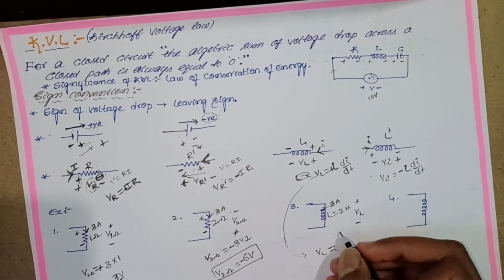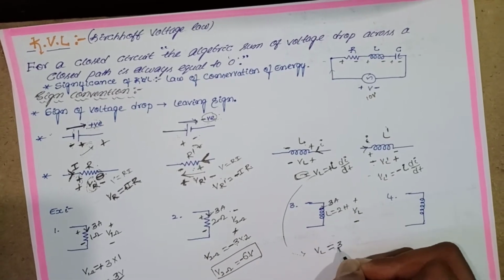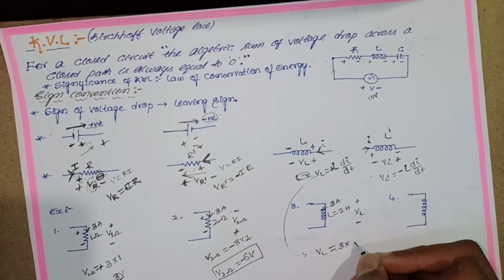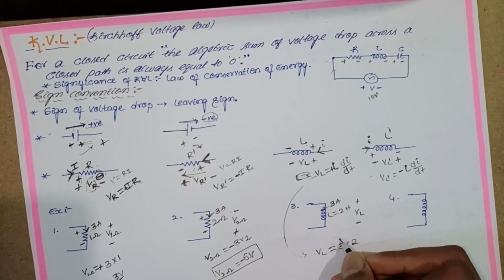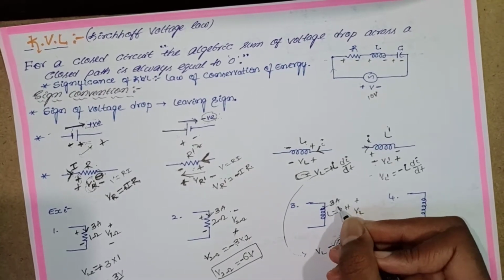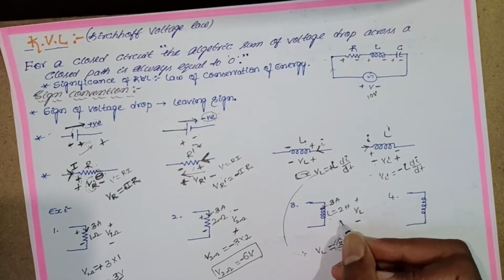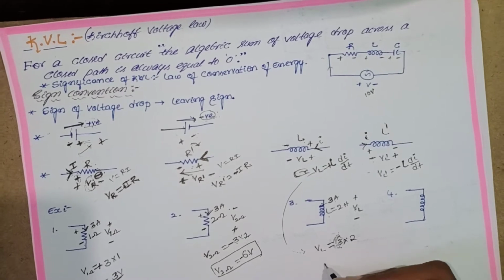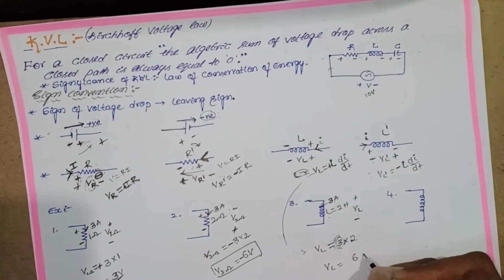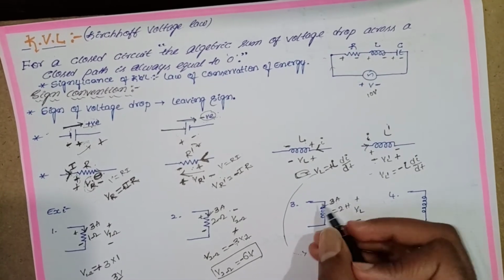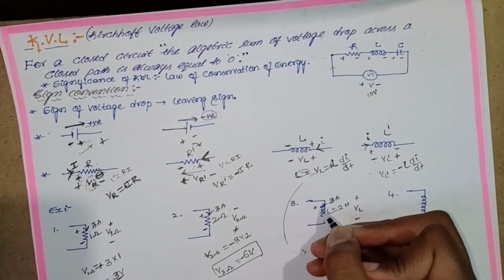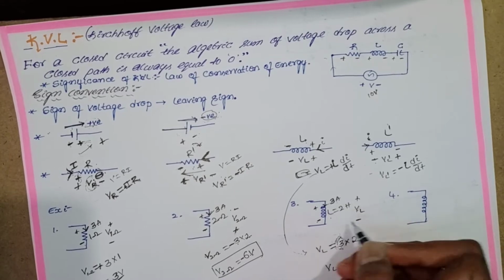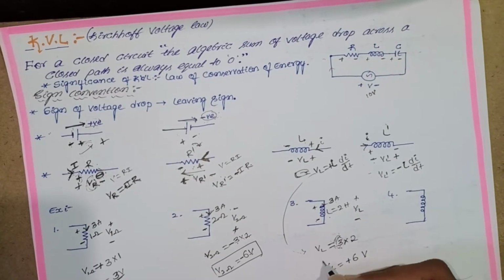VL is equal to 3 ampere into inductance, which is 2, with the current passing through the inductor varying with time. So VL is equal to 6 volt. Positive or negative? Compare this. Entering the node is positive and leaving the node is negative. Compare: positive, positive, negative, negative. So you put a positive sign.